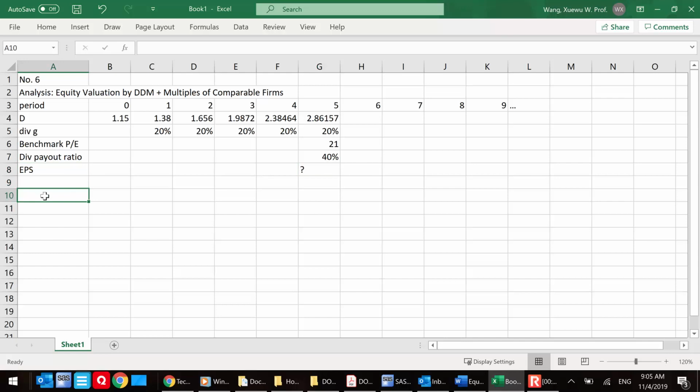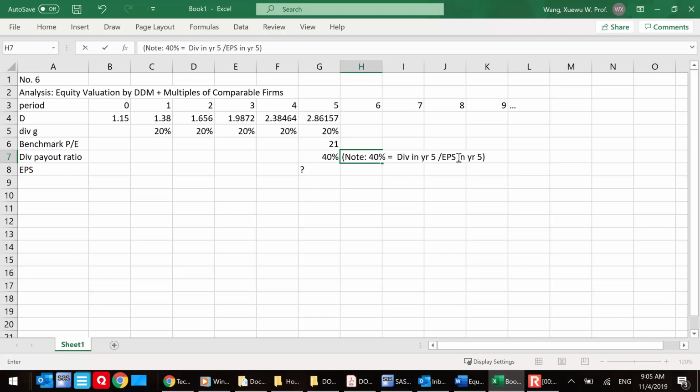We know the dividend payout ratio is defined as the 40% being the dividend in year 5 divided by earnings per share in year 5. We have the dividend in year 5 as 2.86.